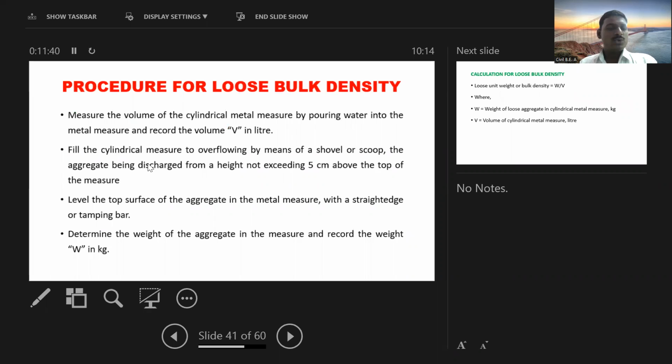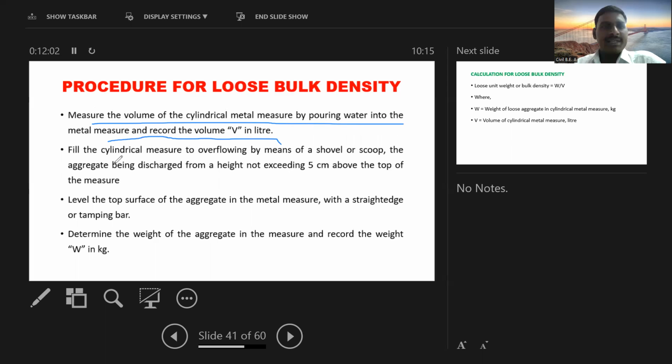So what is the procedure to find the bulk density of the aggregate? There is a procedure. First, measure the volume of the cylindrical metal measure by pouring water into the metal measure and record the volume V in liter. So what do we have to do first while measuring the bulk density?